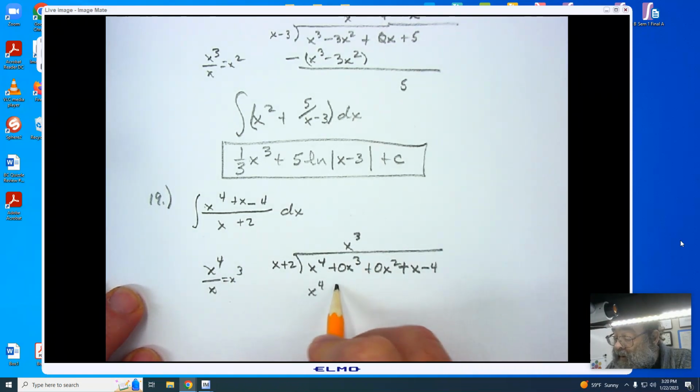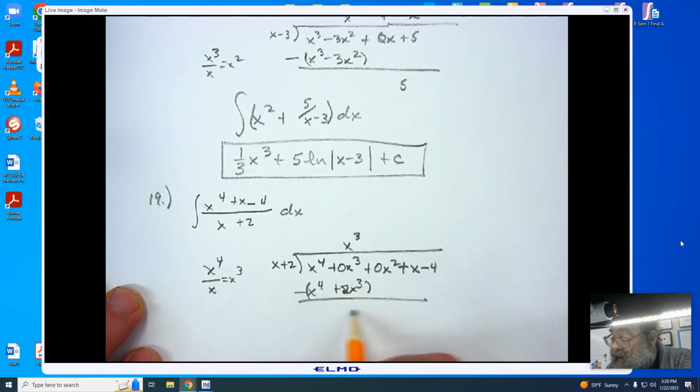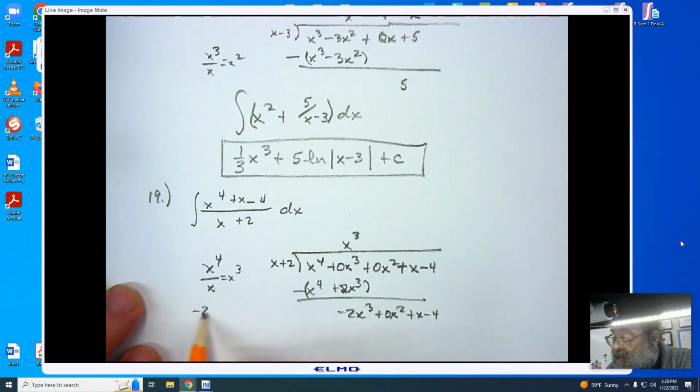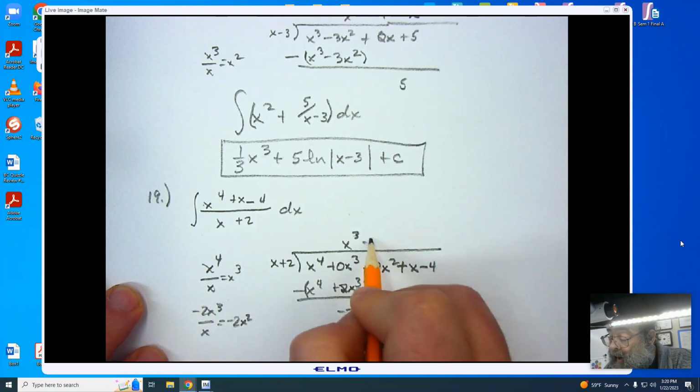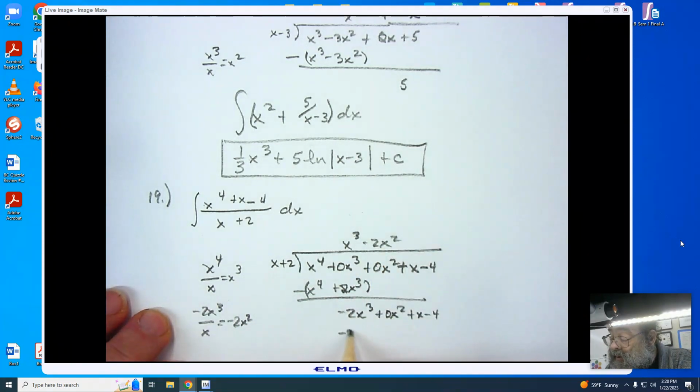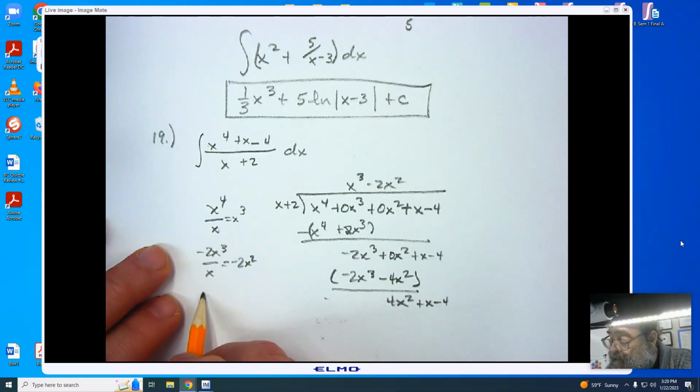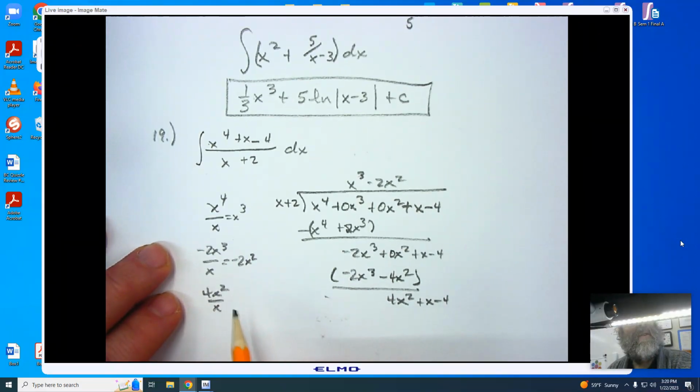So I have x to the fourth plus 2x cubed. I'm subtracting a negative 2x cubed plus the 0x squared plus x minus 4. Doing it again, negative 2x cubed divided by the x, negative 2x squared, minus 2x cubed minus 4x squared. I'm subtracting 4x squared plus x minus 4. Continuing, we now have 4x squared divided by x.